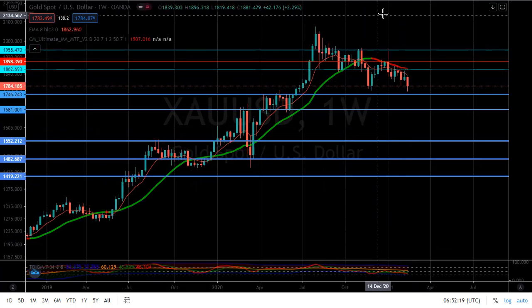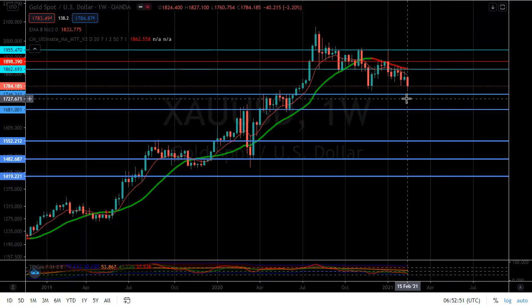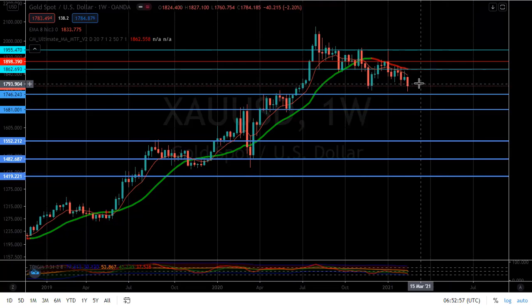And from what we have here, we're going to see a move up to the 1808 area, somewhere in that zone, or 1807 area. A retracement up there first before we continue to the downside.